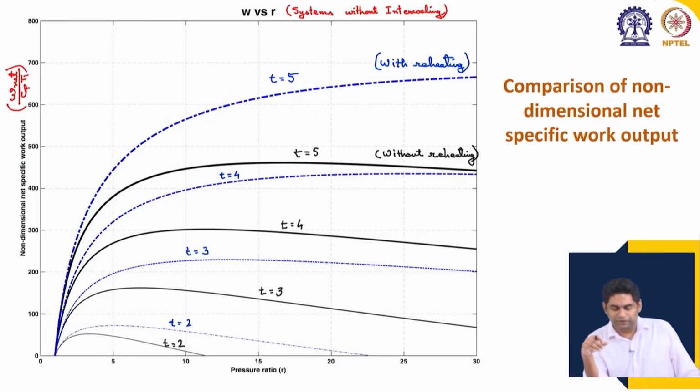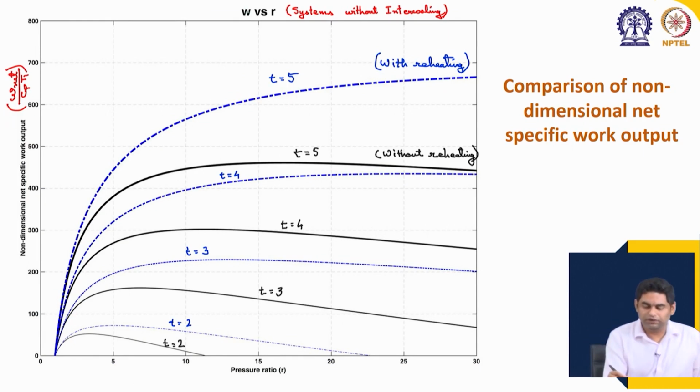So, we will finish this part by having a similar, but quicker discussion on the W net, okay, work versus R. So, this is W net, net specific work output, okay, or more accurately let us write W net by CPT1. It is written here.